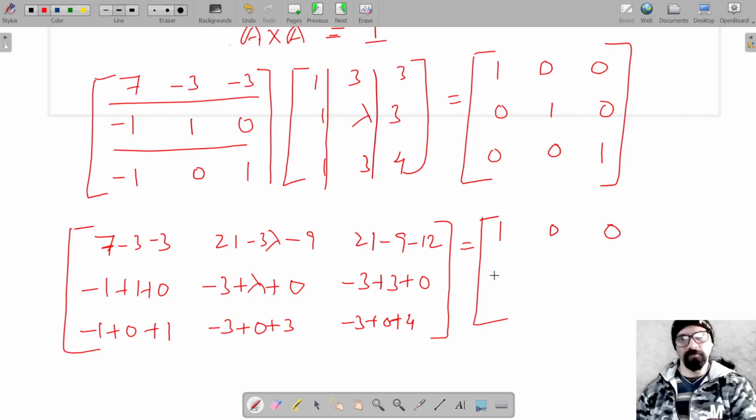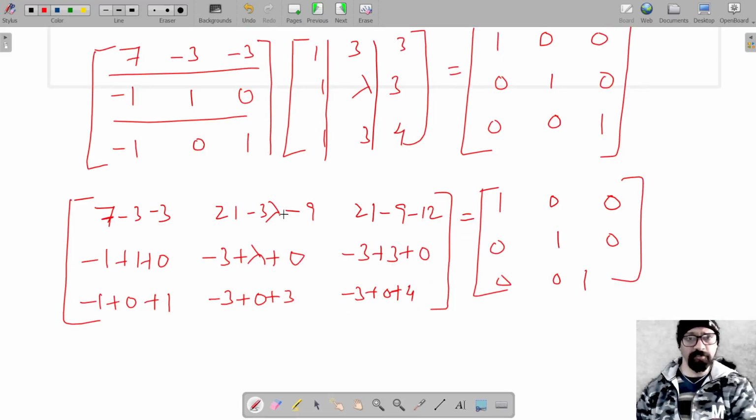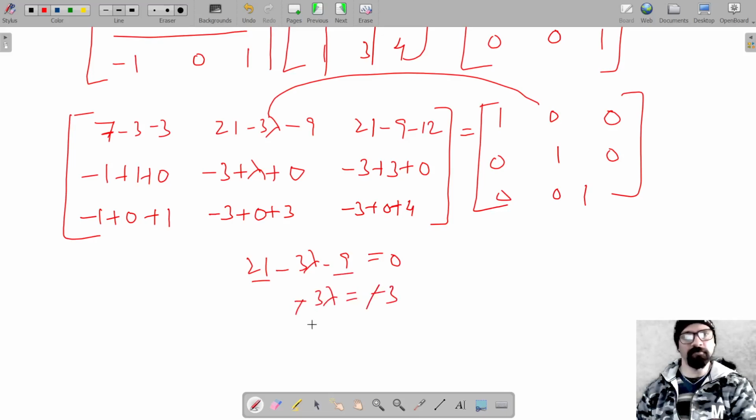This is 1, 0, 0, 0, 1, 0. So we have got the product. Now I can equate any one of these entries to get the value of lambda. So let me equate this to 0. So this is 21 minus 3 lambda minus 9 is equal to 0, which gives me 21 minus 9 is 3. So minus 3 lambda is equal to -3, which gives me lambda is equal to 1.